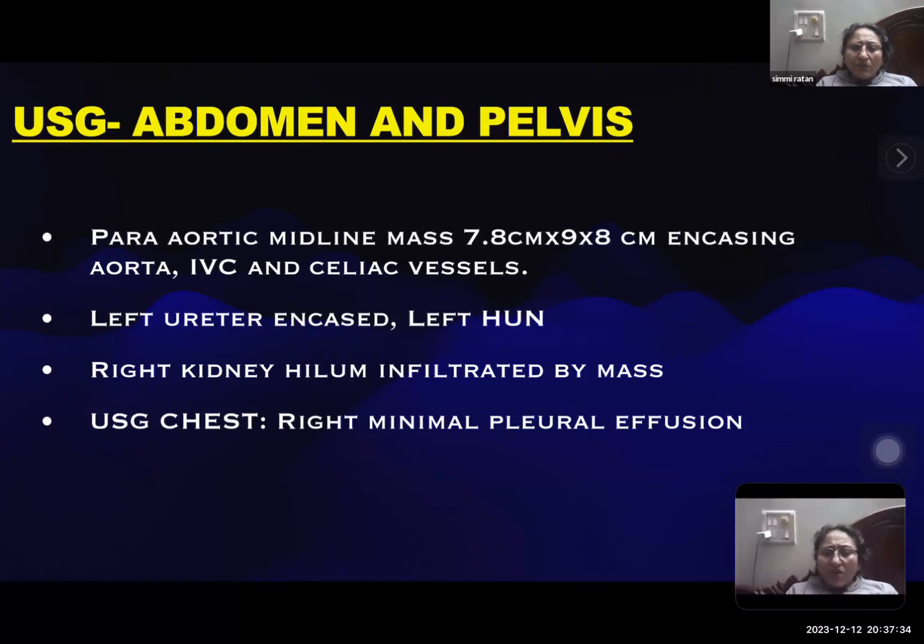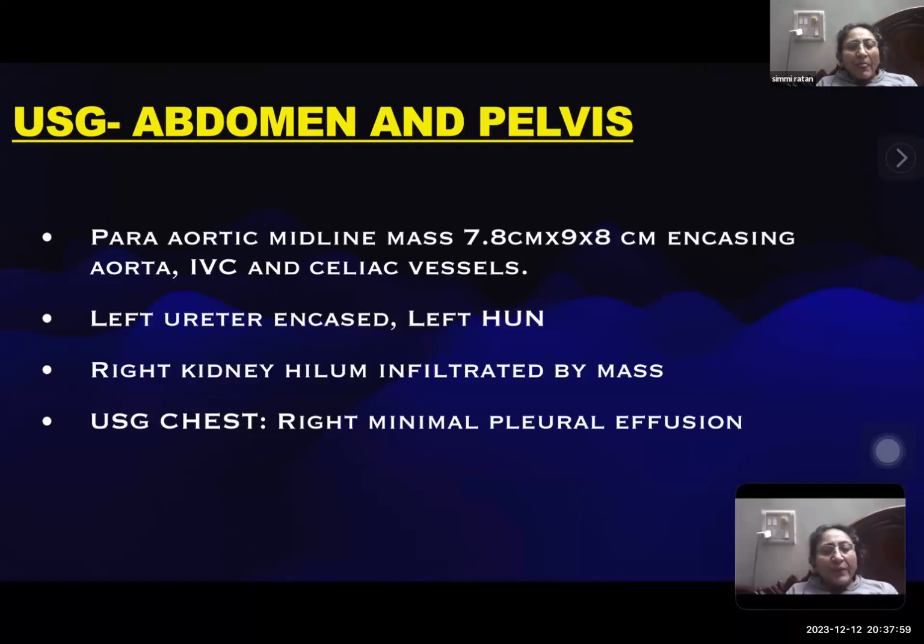Where is the origin? Its origin is from the neural crest. The neural crest descends and forms the sympathetic ganglia and the adrenal medulla. So the swelling which originates from the neural crest has more propensity to encase vessels.